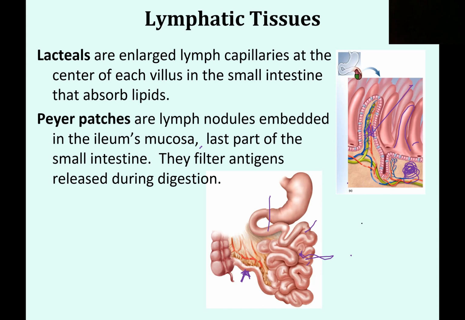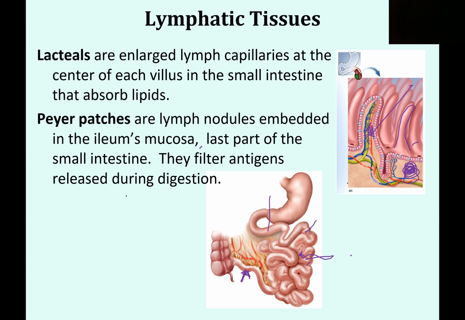They filter antigens released during digestion. So as digestion happens in the small intestine, materials are going to move into and get absorbed into the blood and lymph systems. So this is going to act as a filter.